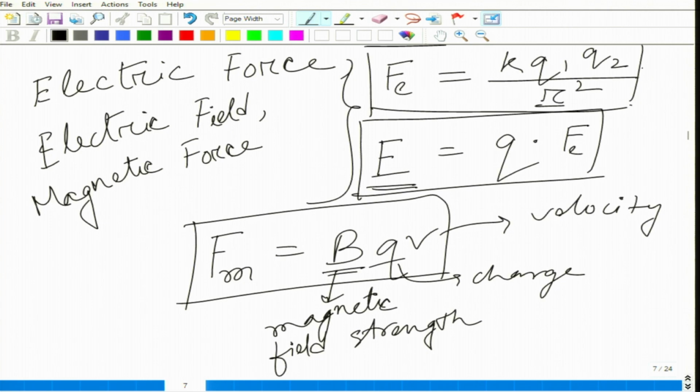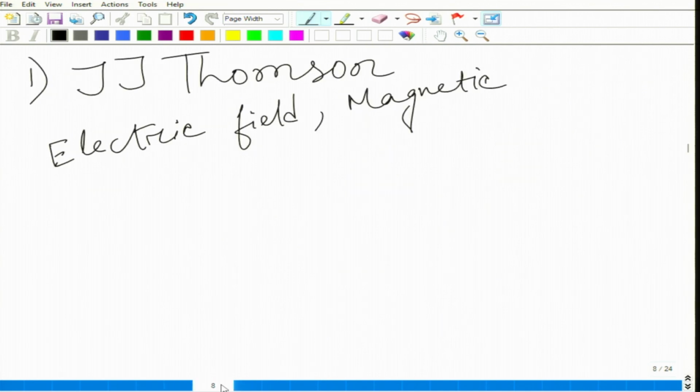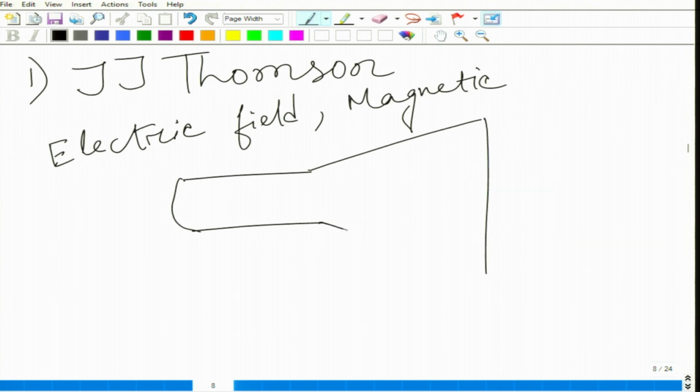Previously, we had seen these three formulas. Now we will see their application. In this experiment, the experimental setup was something like this. There was one anode and one cathode.